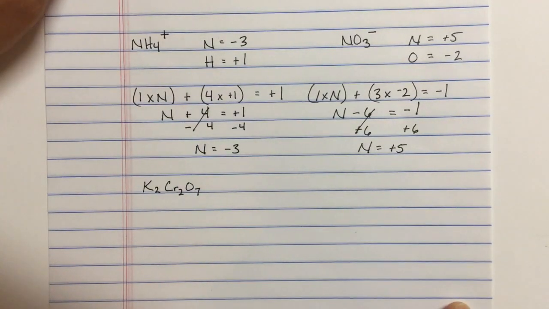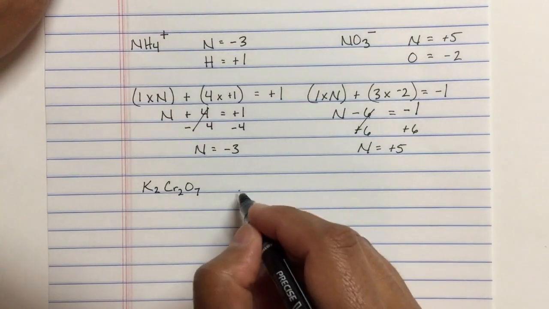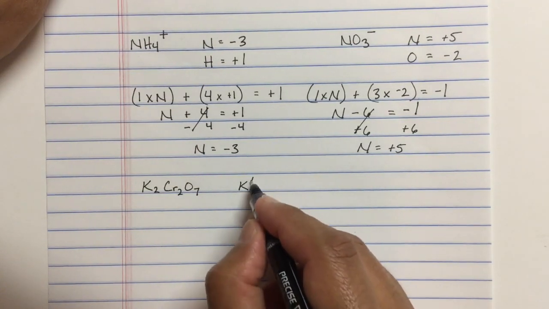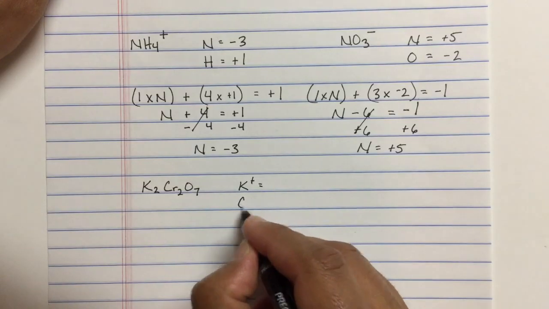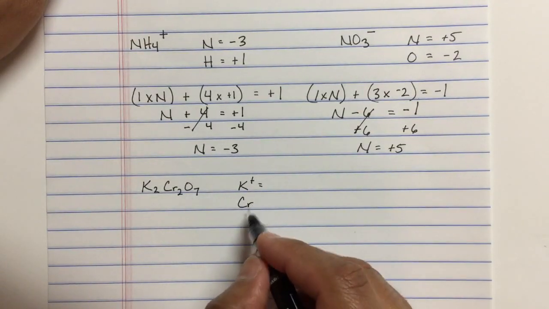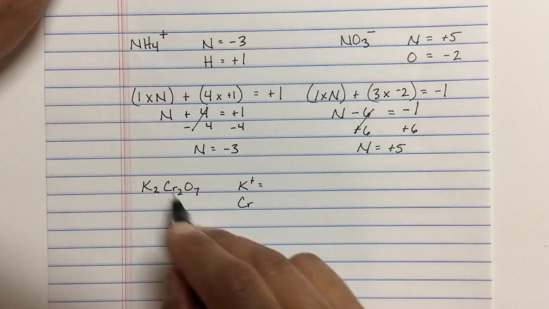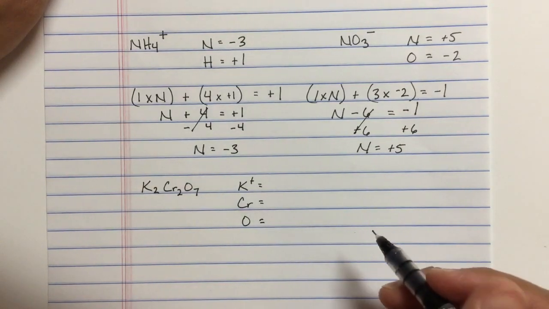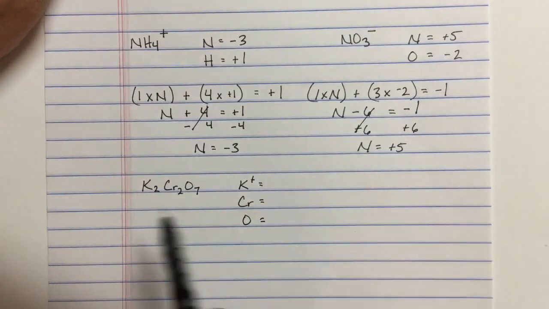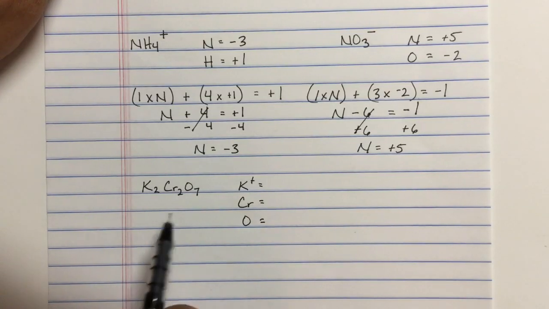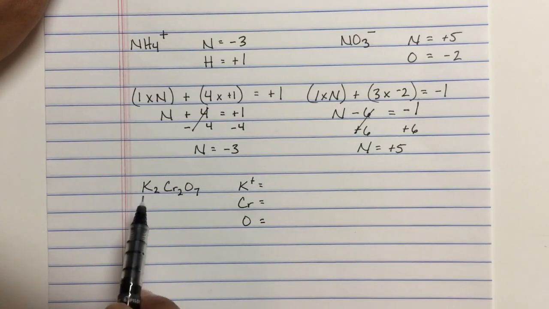Potassium dichromate. There's a potassium ion. There's a dichromate, Cr2O7, and here's oxygen. Now, when you see something like this, remember to be very careful to check what you're looking at.